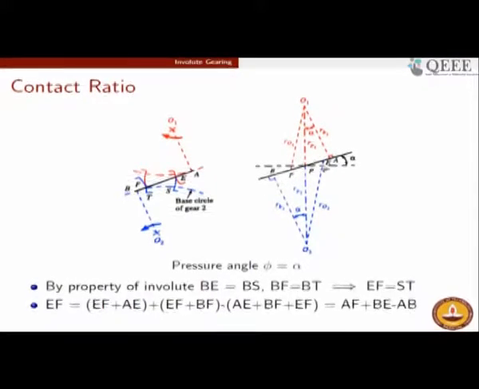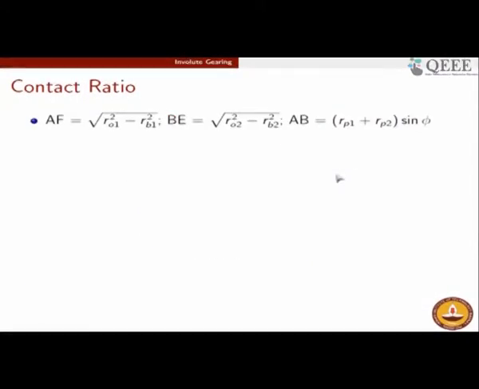So as a result, AB will be AP plus PB, and that eventually becomes RP1 sine alpha plus RP2 sine alpha. We can take the sine alpha common. Alpha is anyway given as the pressure angle phi. So interchanging alpha and phi, we have this to be the formula for AB.